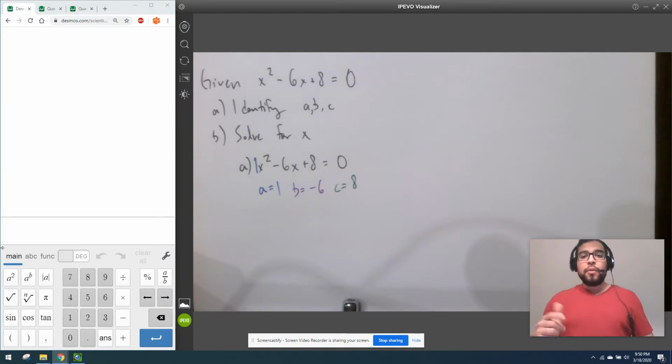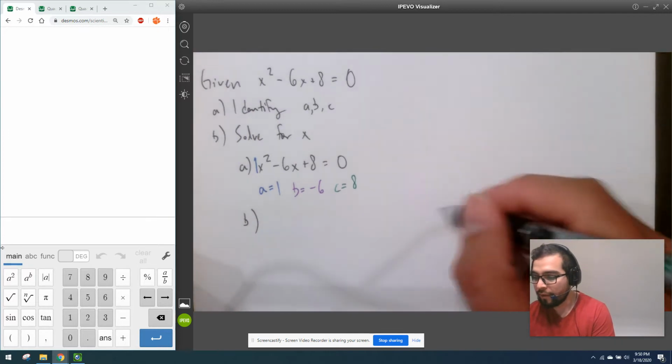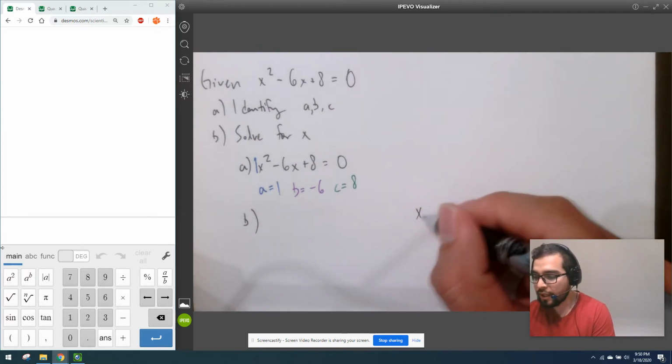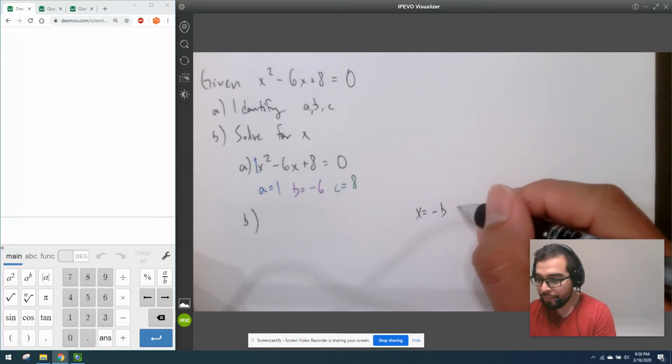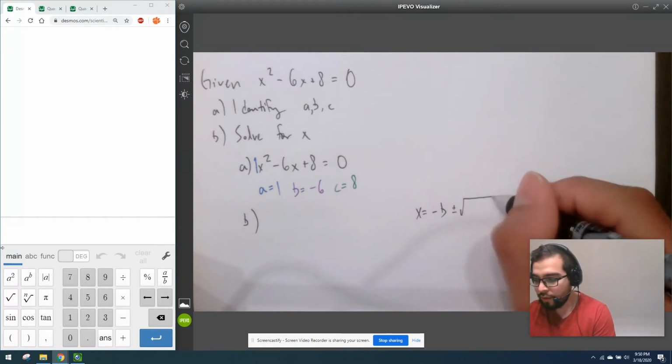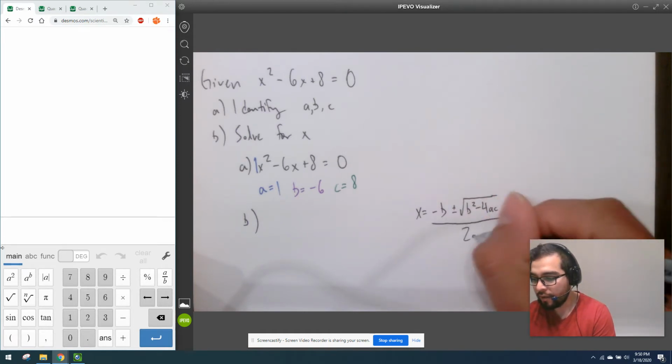So now we've identified our three terms, my a term, my b term, and my c term. Next, I'm going to put that into my quadratic equation. I'll write it over here. My quadratic equation is x equals the opposite of b plus or minus the square root of b squared minus 4ac, all over 2a.